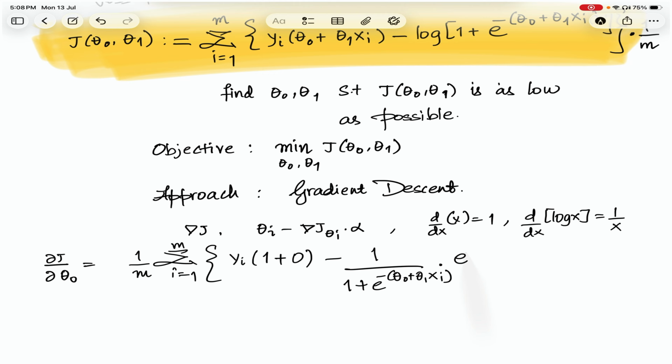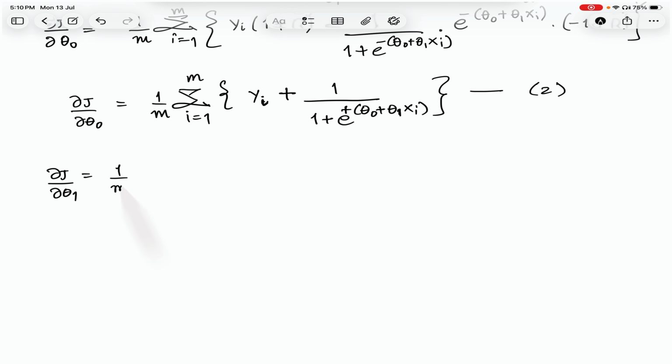Partial j partial theta 0. Similarly, let's just get partial j partial theta 1, which will be 1 by m summation.